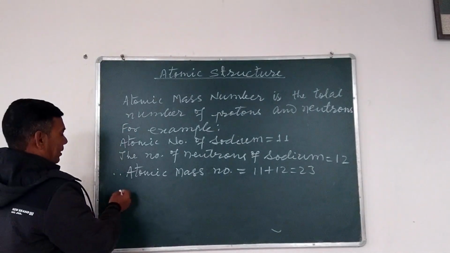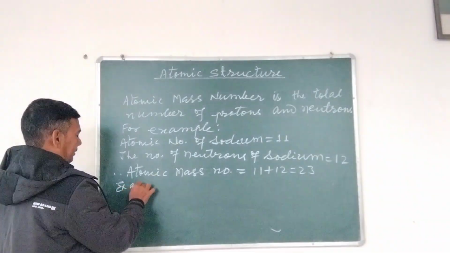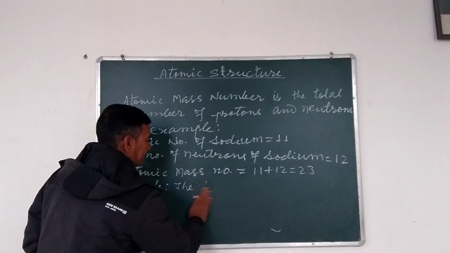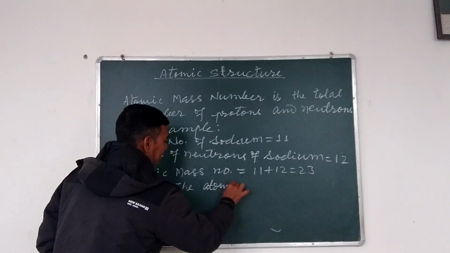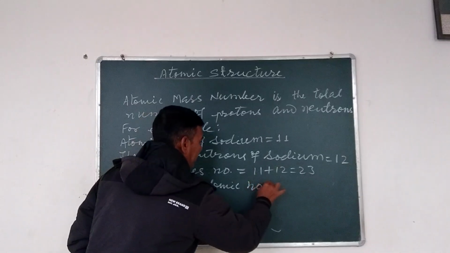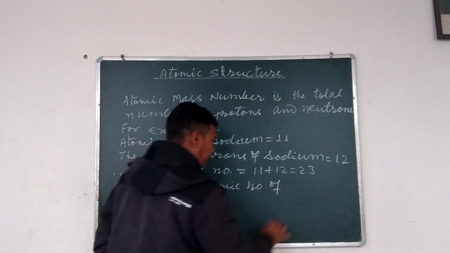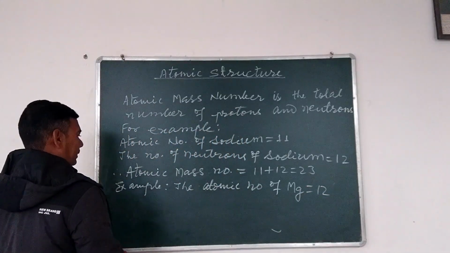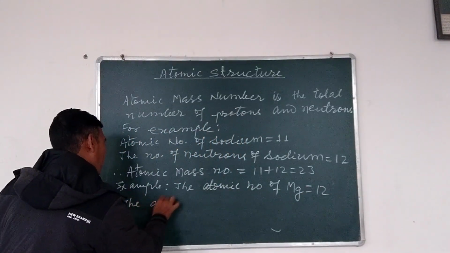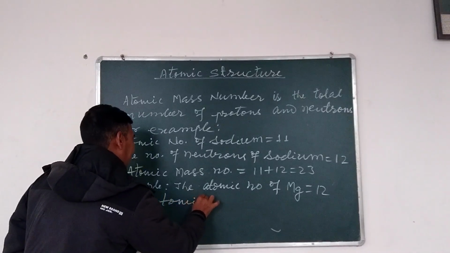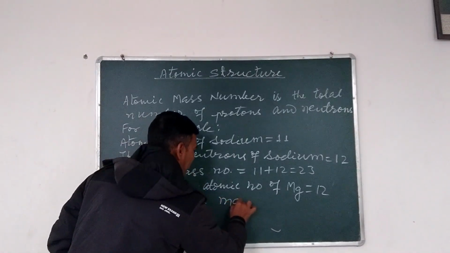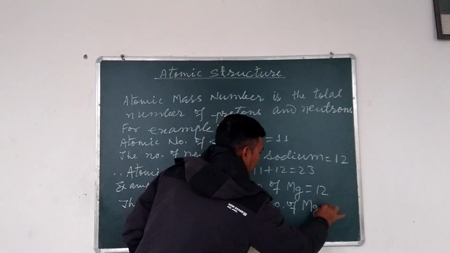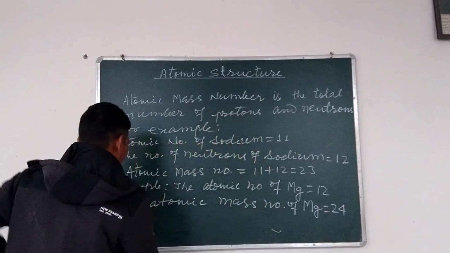Another example can be the atomic number of magnesium equal to 12. The atomic mass number of magnesium equal to 24.